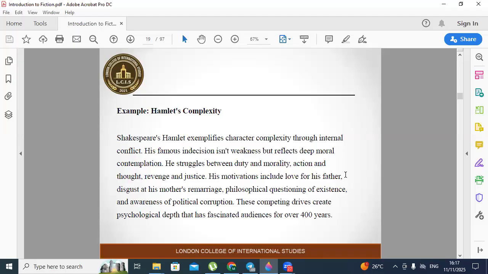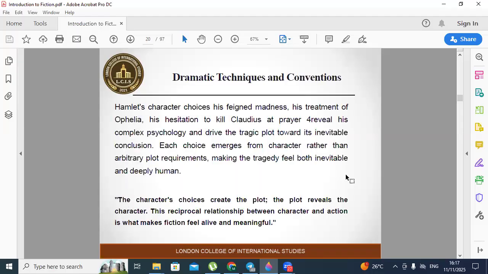All these coexist, sometimes pulling him in opposite directions. Then let's go to dramatic techniques and conventions: Hamlet's choices and plot.